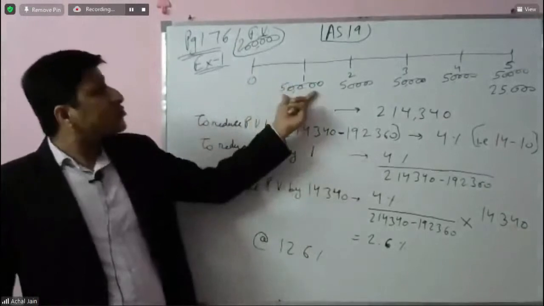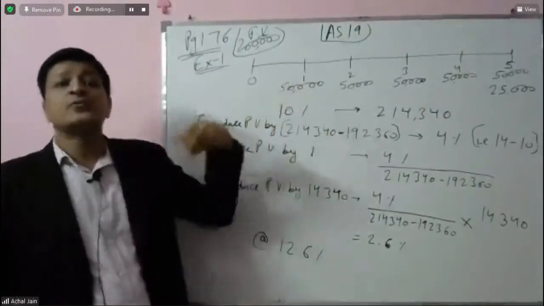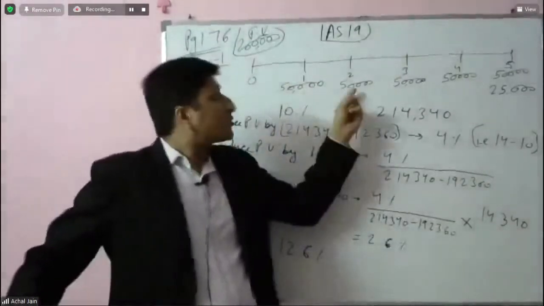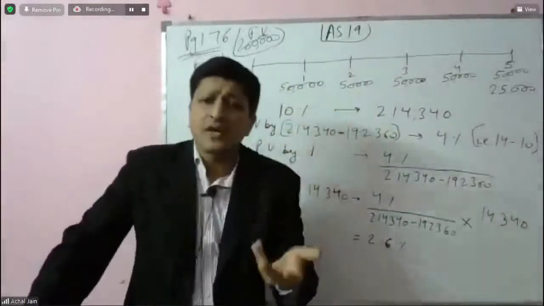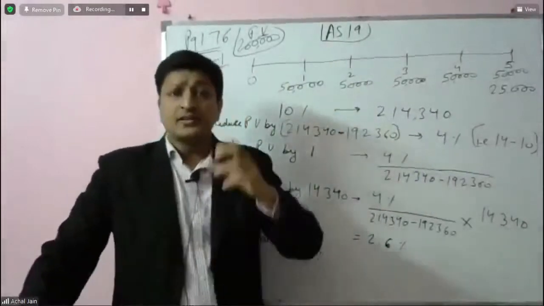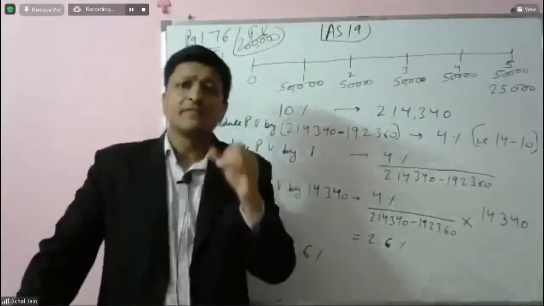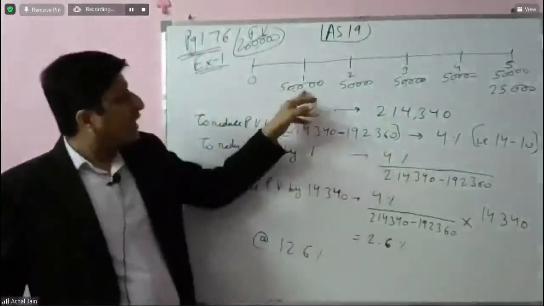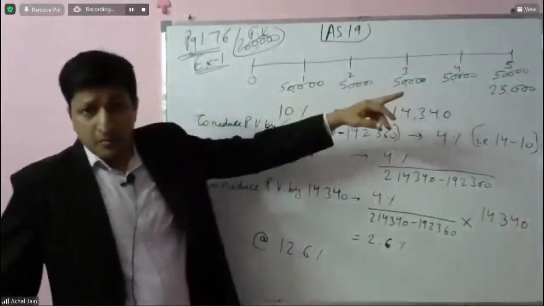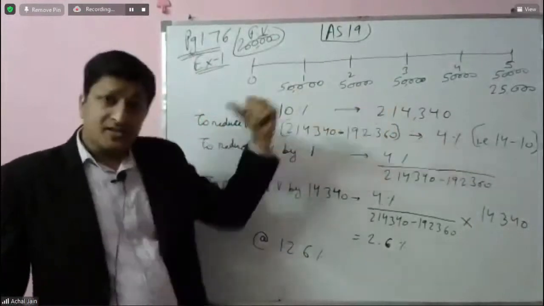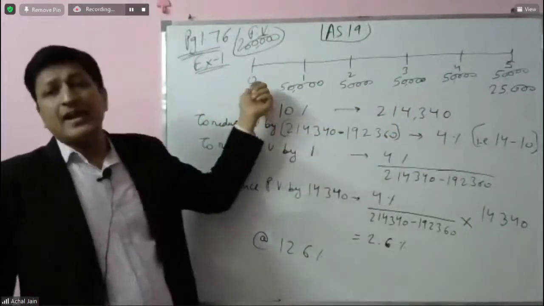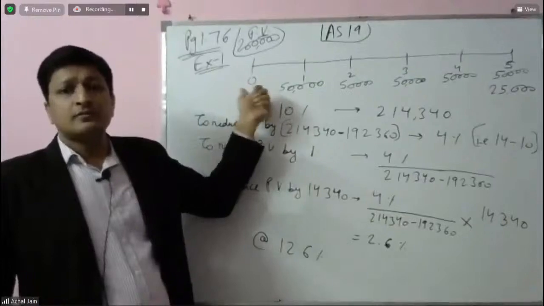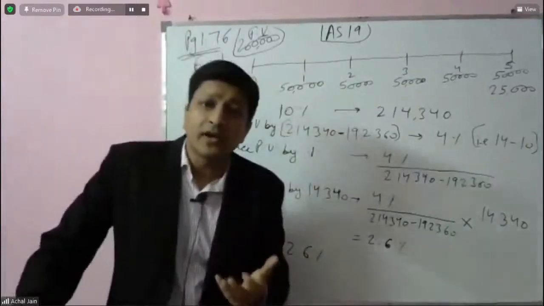Means these components are what? These are future values. 50,000, 50,000, 50,000. These are the amounts which are loaded with interest. So if I have to unload all of these amounts such that I achieve 2 lakh on day 0, then what is the discount rate?